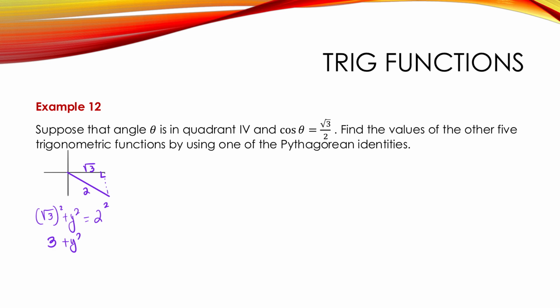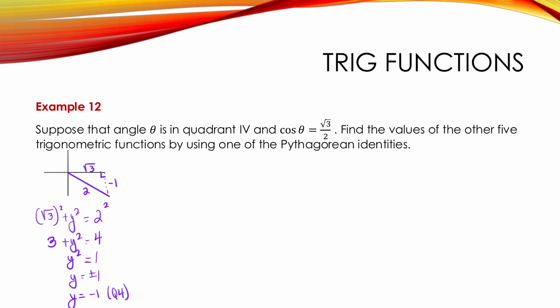So 3 plus y squared is going to equal 4. So y squared equals 1, which means y is plus or minus 1. And we know that in this case, y is negative 1 because it's in quadrant 4. So we know it has to be a negative 1. So yeah, I might have given you slightly easier numbers on this one on purpose.